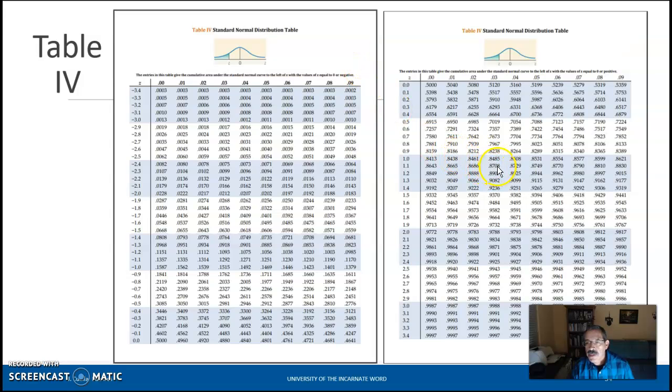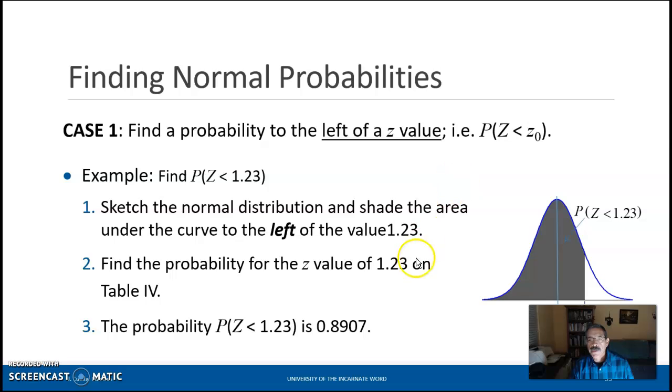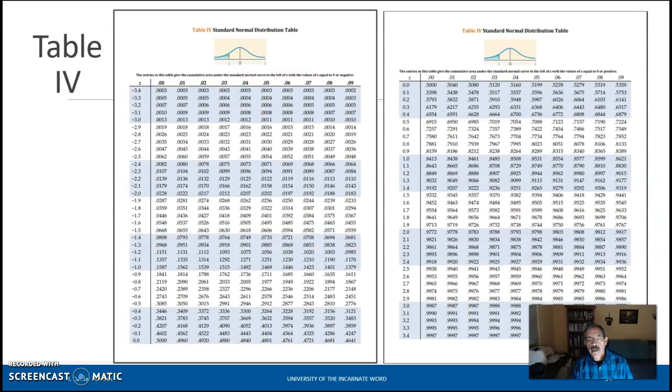My cursor disappeared for a while, but it's right here. So now you see that that's the probability that we found. The probability that the random variable z is less than 1.23 is 0.8907. So the probabilities to the left are obtained directly from table 4.